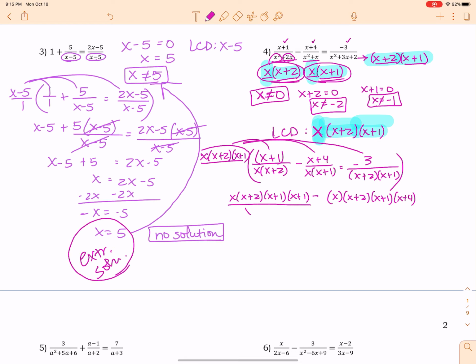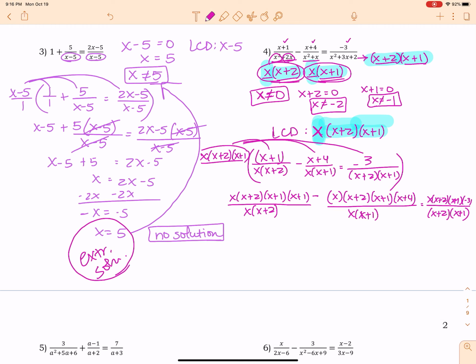This is all over x times x plus 2. This is all over x times x plus 1. It equals x times x plus 2 times x plus 1 times negative 3. I'm running out of room. Over x plus 2 times x plus 1.